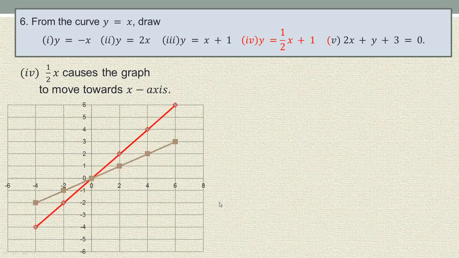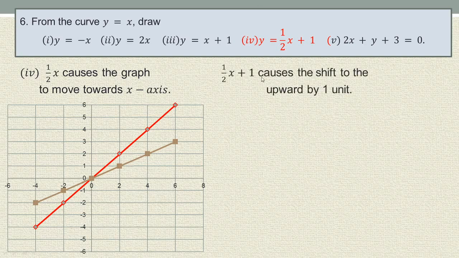Now this red color is the base, and here you are having 2. So if you multiply this with 1 by 2, you will get 1. So you have to move towards. And here you are having 4 by 2, which is 2. So here 2, and 6 by 2 is 3, so here 3. So in this way you can draw the curve.